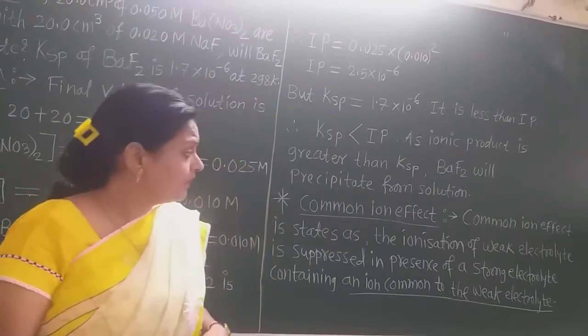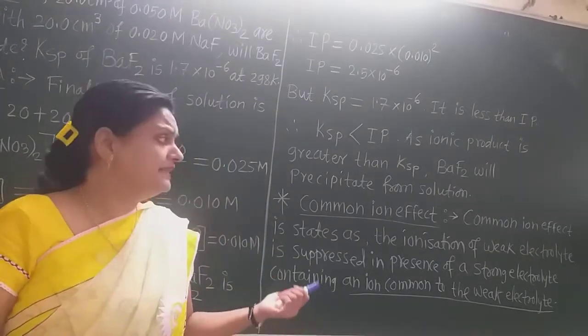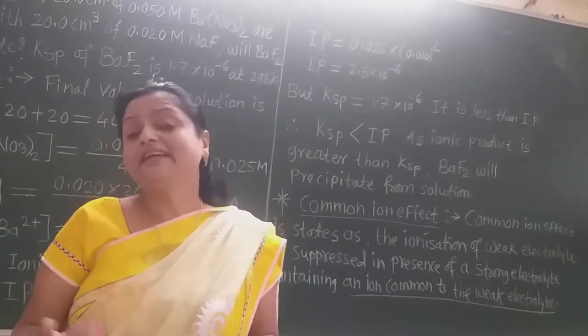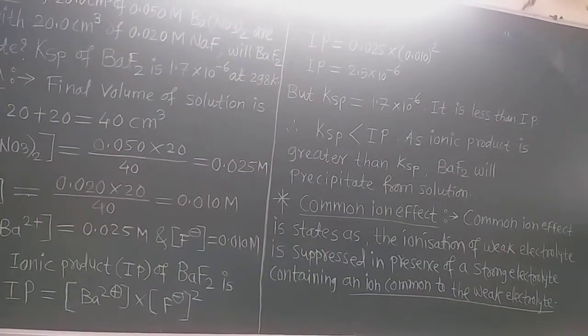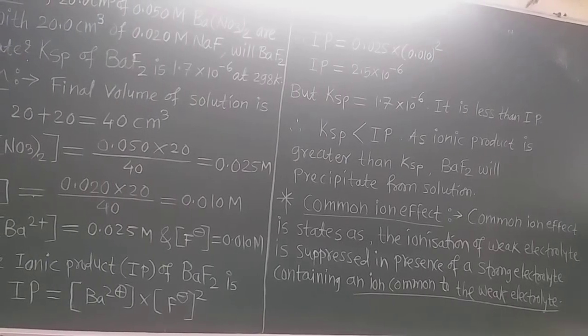Now let us explain this common ion effect by taking an example, and see how the ionization of that weak electrolyte gets suppressed.